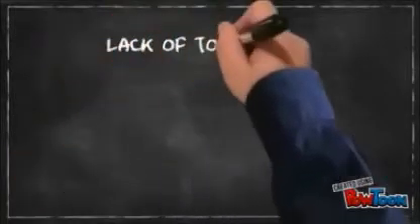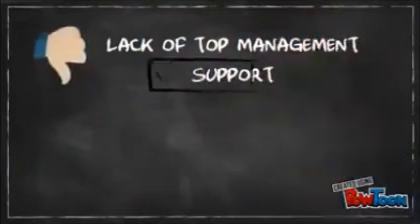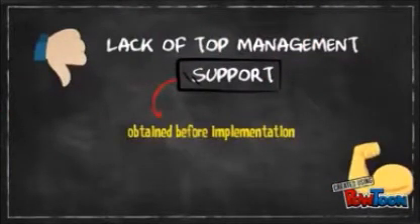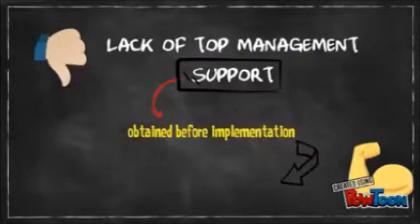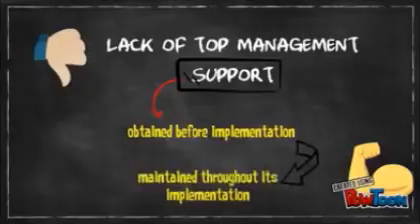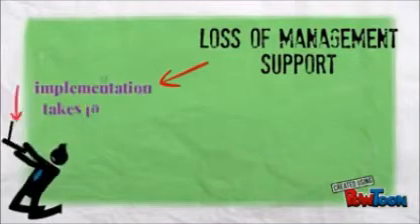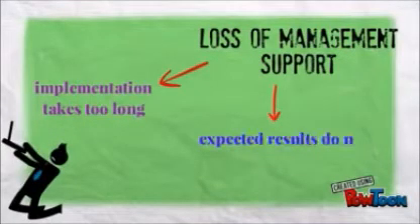The next challenge is lack of support from top management. Support from top management must not only be obtained before undertaking the project or system, but also it must be maintained. Loss of support can occur if the implementation takes too long or the expected results do not materialize.